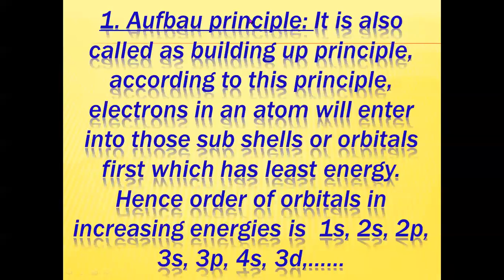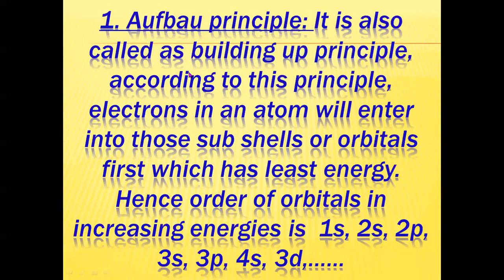It says that the orbitals or subshells which have least energy will be filled first with electrons. According to Aufbau principle, electrons will enter first into those orbitals which have least energy.